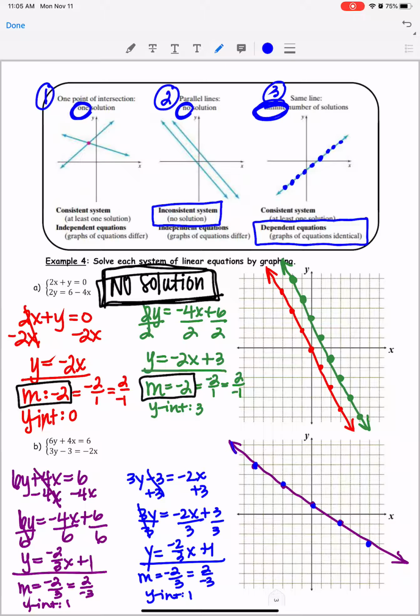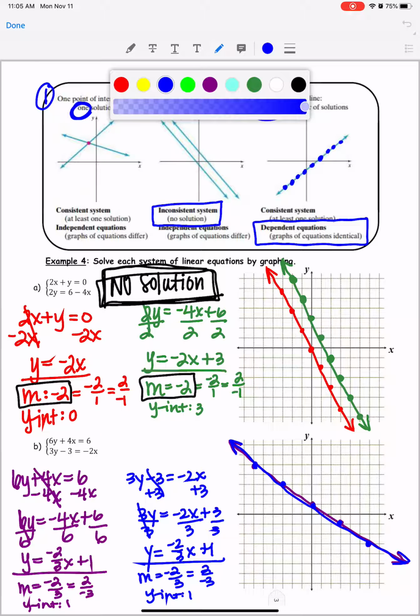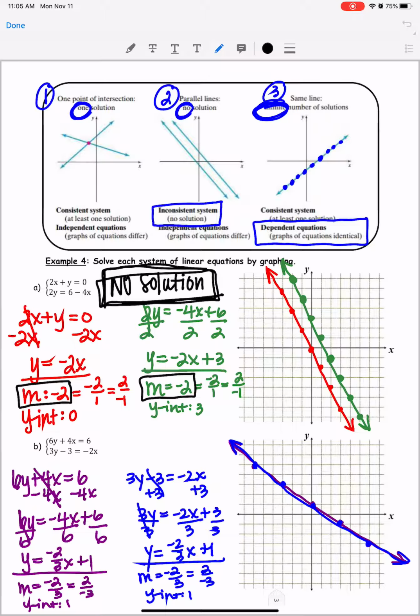So here, I have the exact same line on the exact same line. So not only are those 5 points a solution, all of these little things here in the middle are all solutions too. So this one is our example 3, when we have the same line and we have infinite solutions.